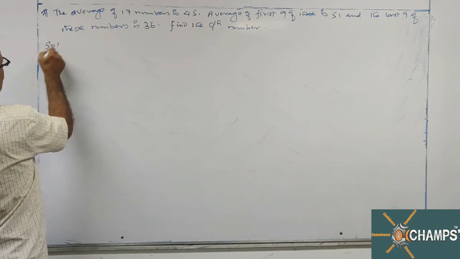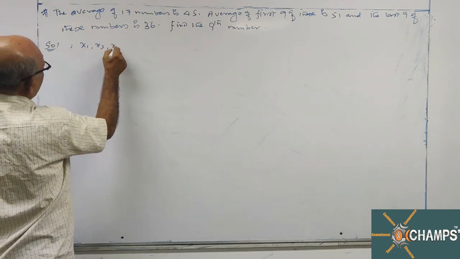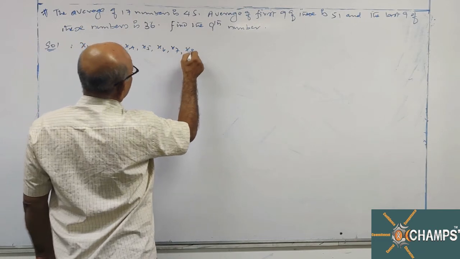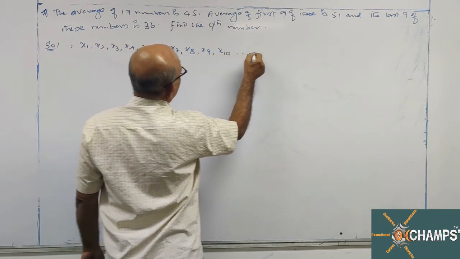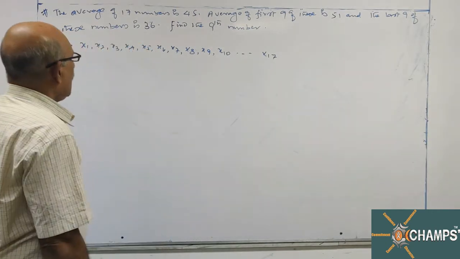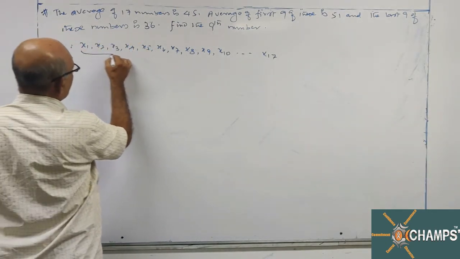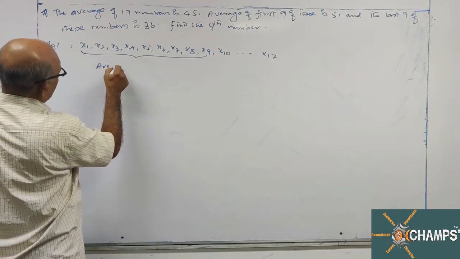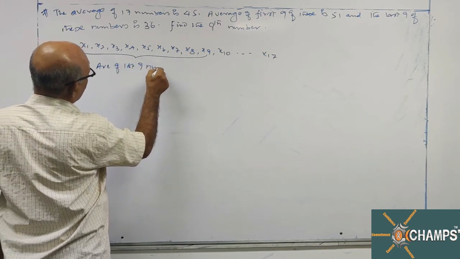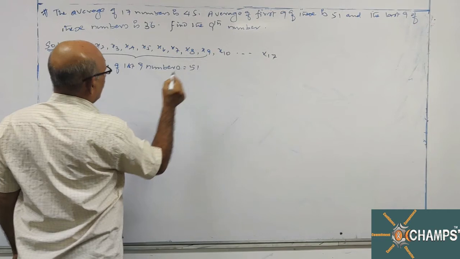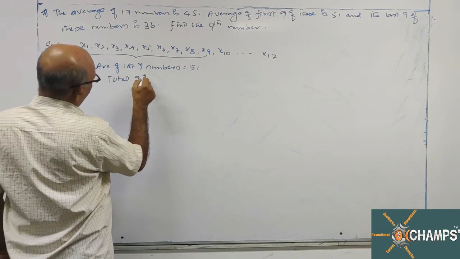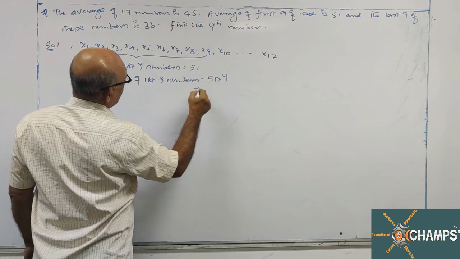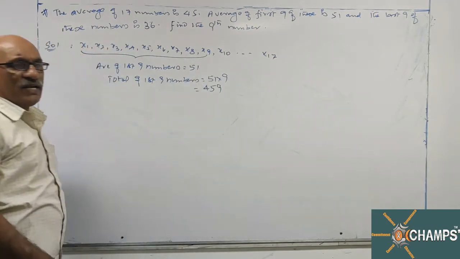Look at the solution. There are 17 numbers. Let me write x1, x2, x3, x4, x5, x6 up to x17. Now what is given? First nine numbers average is given. Average of first nine numbers is equal to 51. So total of first nine numbers, 51 into 9, 459.